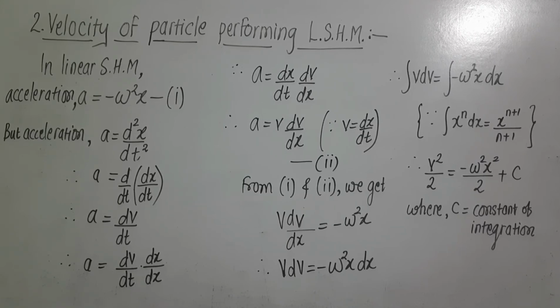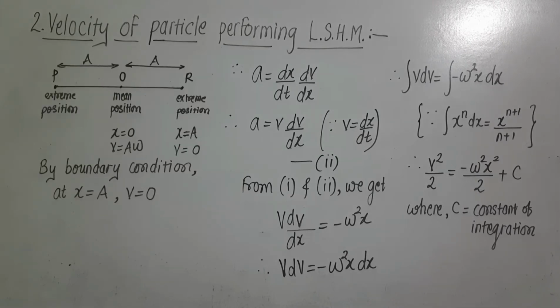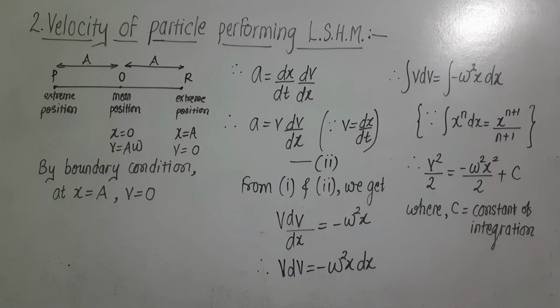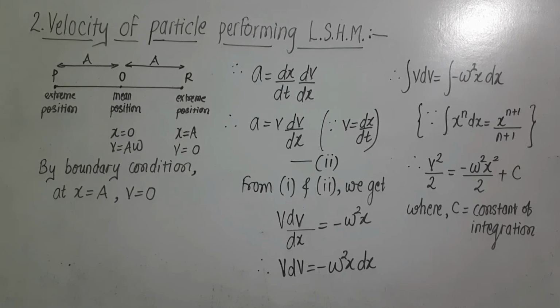Now to get c, that is the constant of integration, we are going to apply a boundary condition. By the boundary condition, when the displacement is maximum, velocity is 0. That is, at the extreme position, the value of x is equal to a, where a is the amplitude of SHM, and amplitude is nothing but the maximum displacement from the mean position.